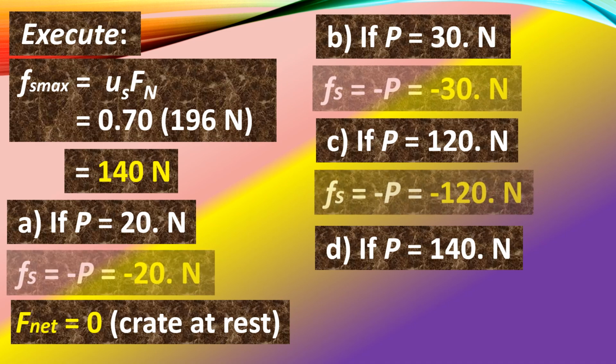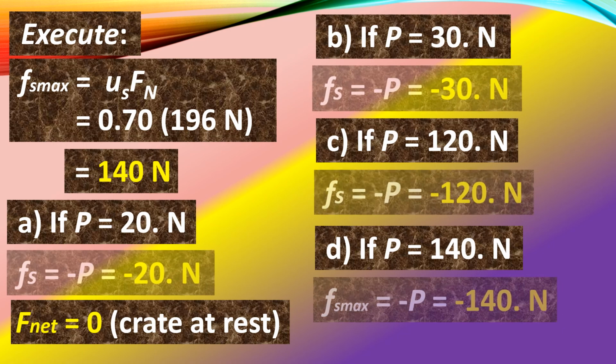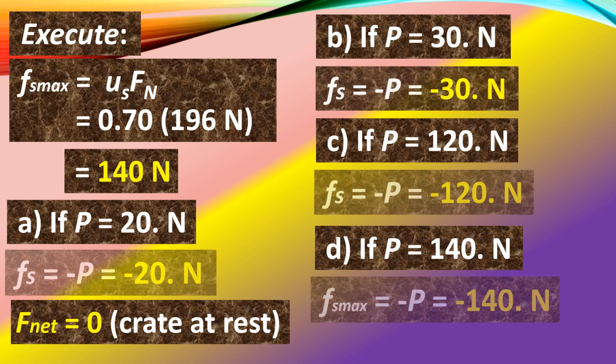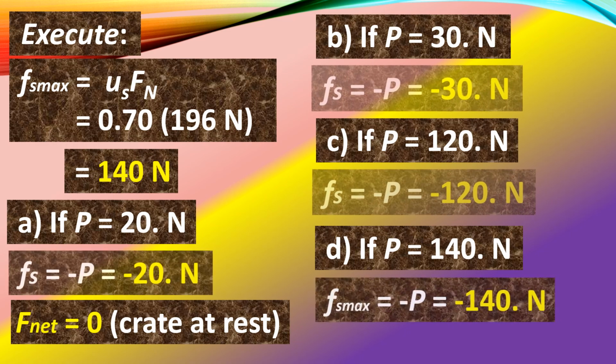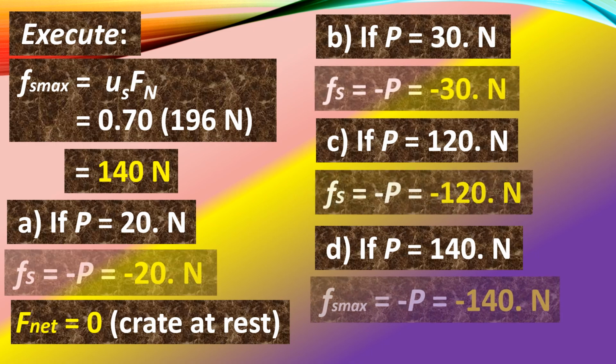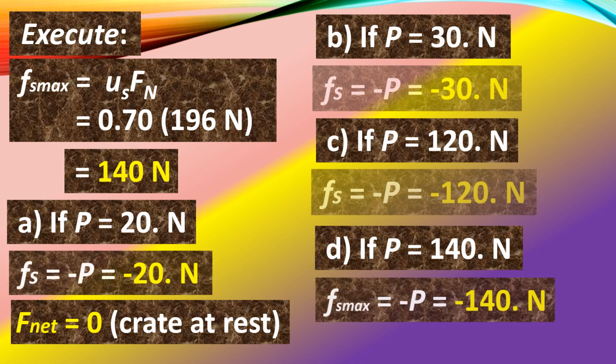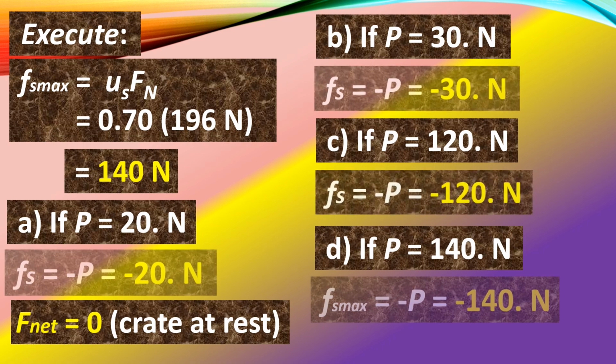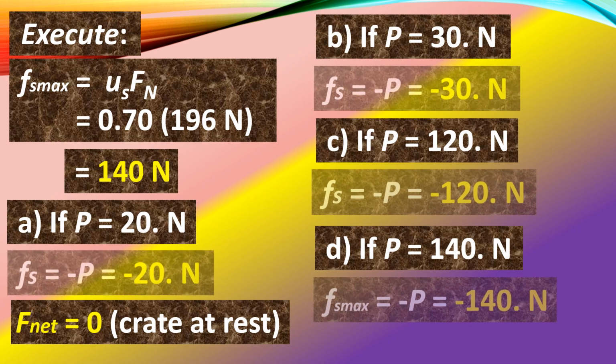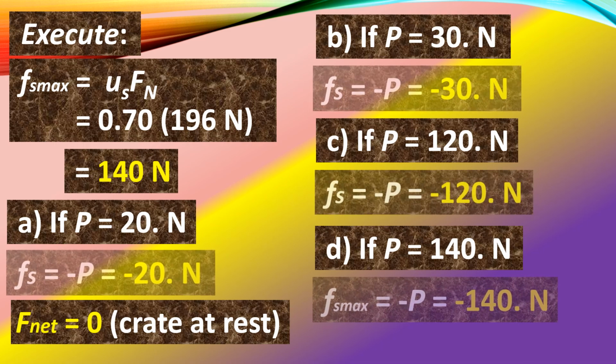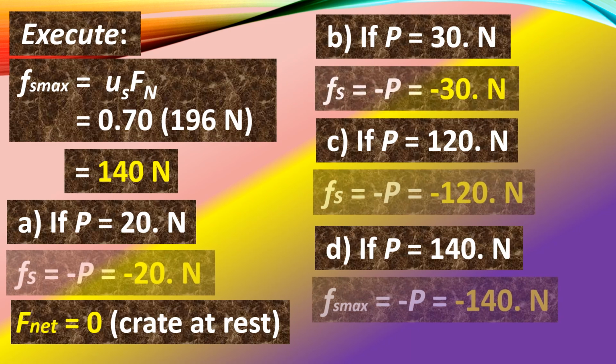So our answer to question letter D, the force of friction is just equal to the applied force P, 140 newtons, but still directed opposite, meaning to the left. The applied force has just balanced the maximum static friction.